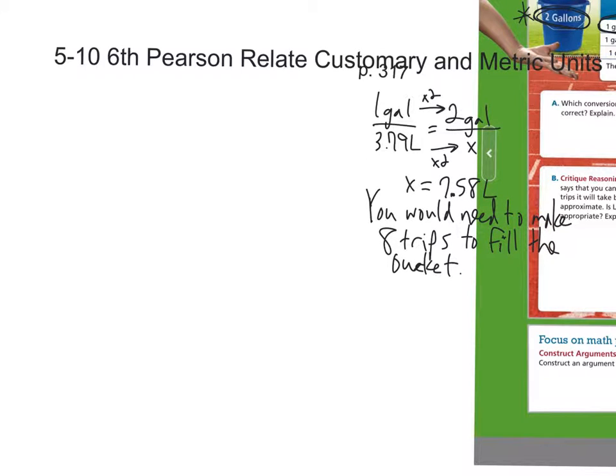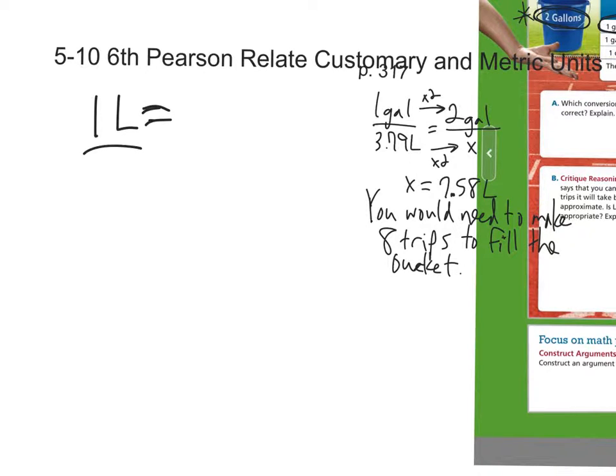Another way is we can use the conversion that 1 liter is about 26 hundredths of a gallon. Then we can look at it, since they said 7 times filling this. Again, maybe this would be easier for you to look at as a proportion.